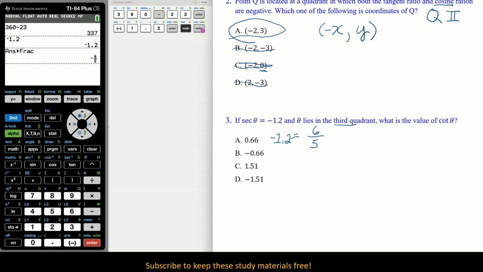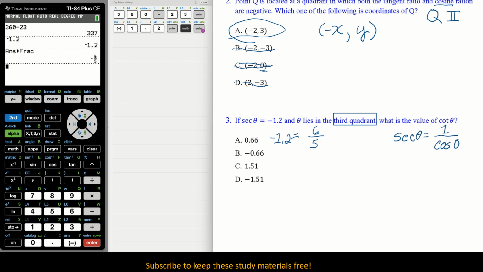Who does that negative go with? We're saying quadrant 3 and secant. We know that secant theta equals 1 over cosine theta. If you're in quadrant 3, cosine is associated with the x and it is negative.